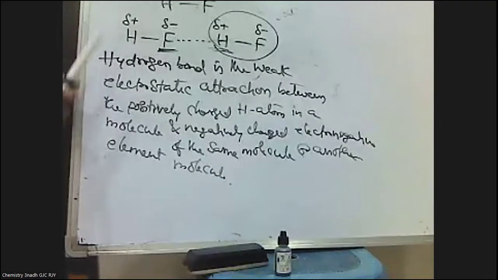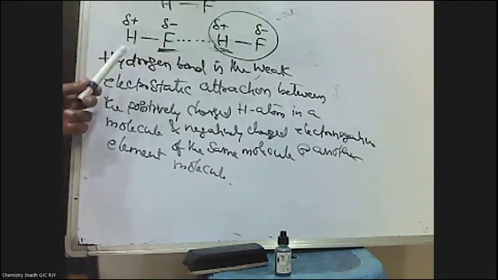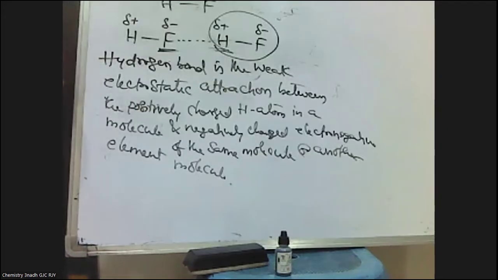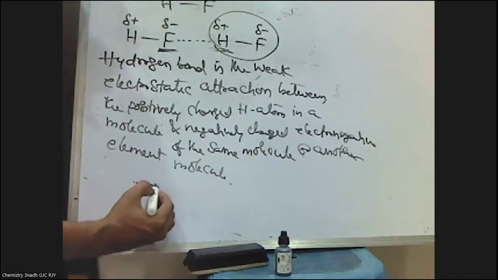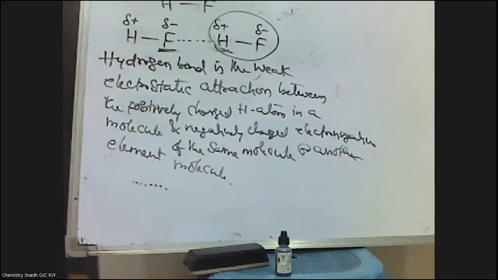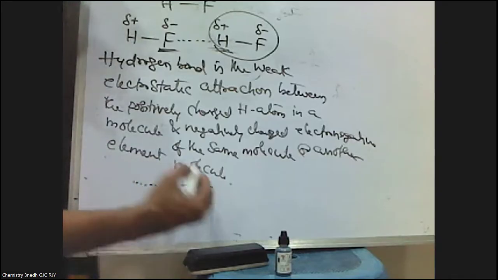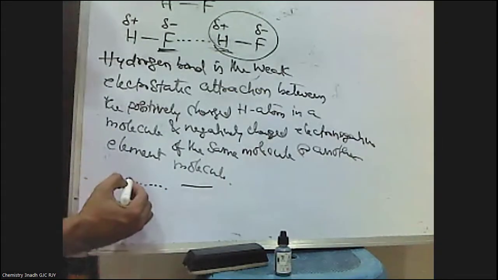So hydrogen bond is weaker than covalent bond and is denoted with dashed lines or dotted lines. We know that covalent bond is denoted with a solid line, whereas a dotted line denotes the hydrogen bond.